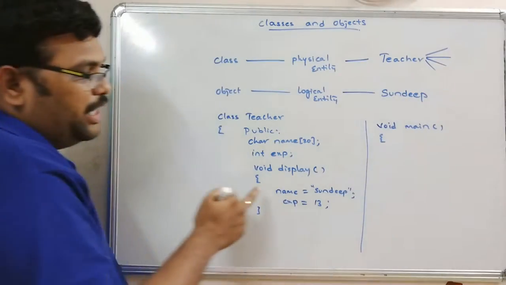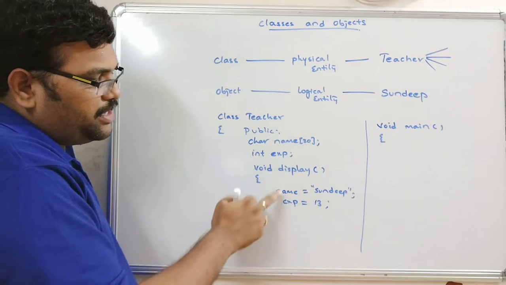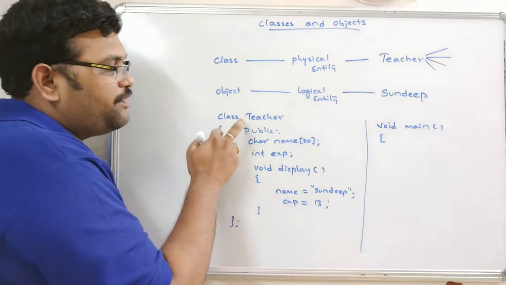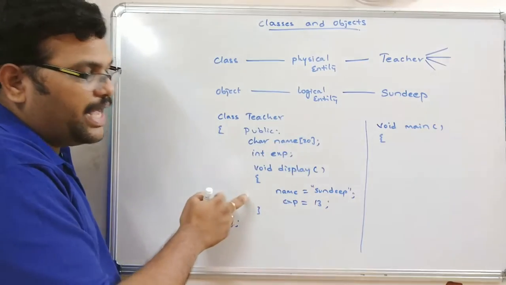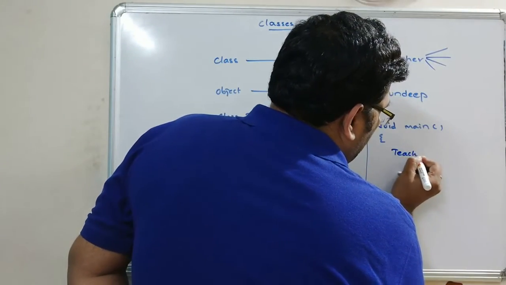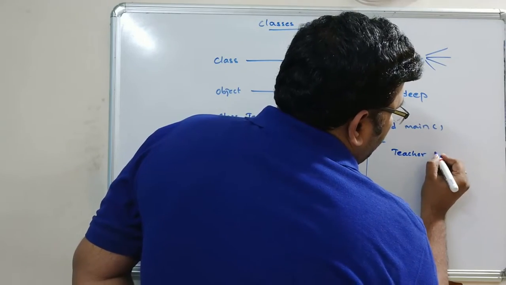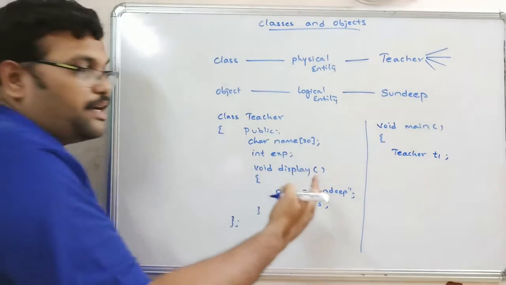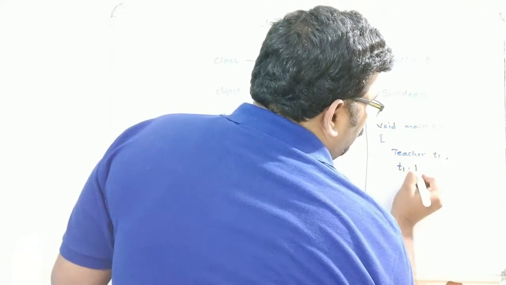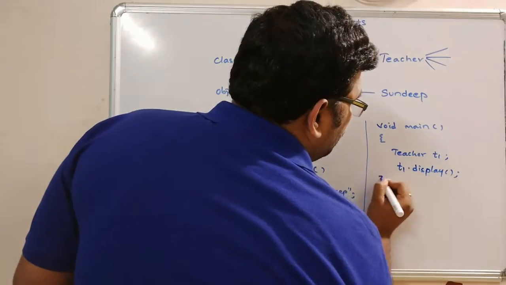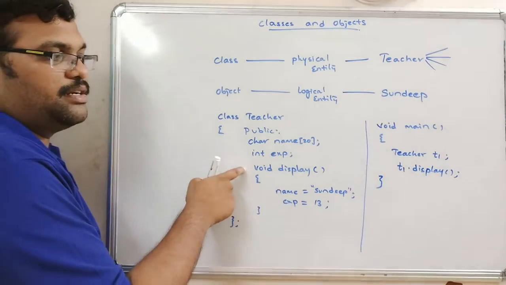In order to access name, experience and the display function, we have to create an object for this teacher, and through that object we can access them. So teacher T1. T1 is an object of the teacher class. T1 dot display, and automatically this display function will be accessed.